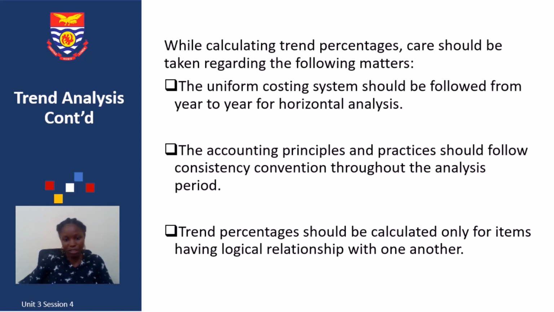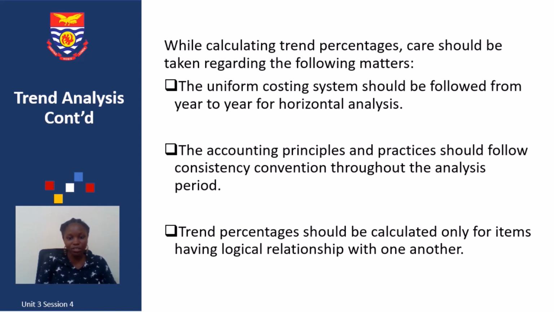And also you want to make sure that the accounting principles and practices follow the consistency concept or convention throughout the analysis period. Between 2017 and 2022, the accounting principles should not have changed within that period.